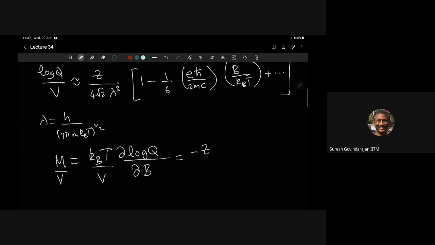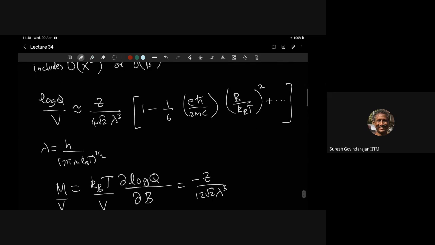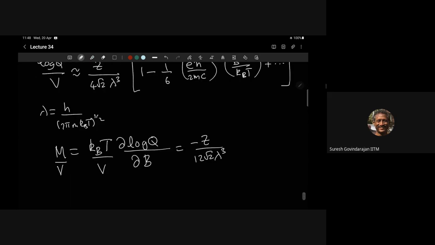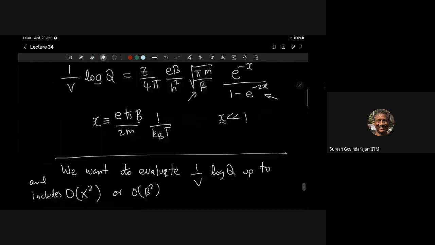So that will make this a 3, a 12 root 2 lambda cubed, times... even this should be square, I think. Yeah, the e h bar by m c. Did I write c anywhere else?